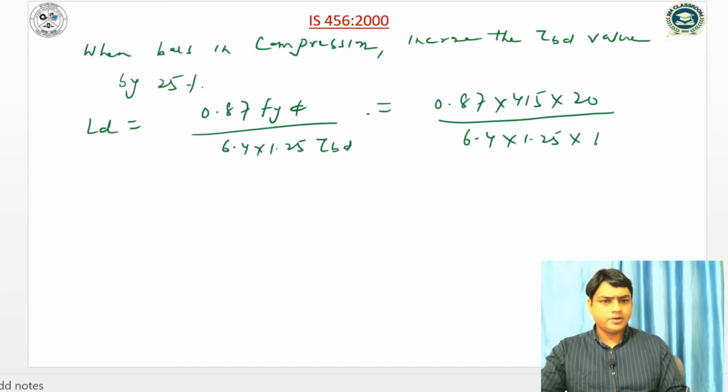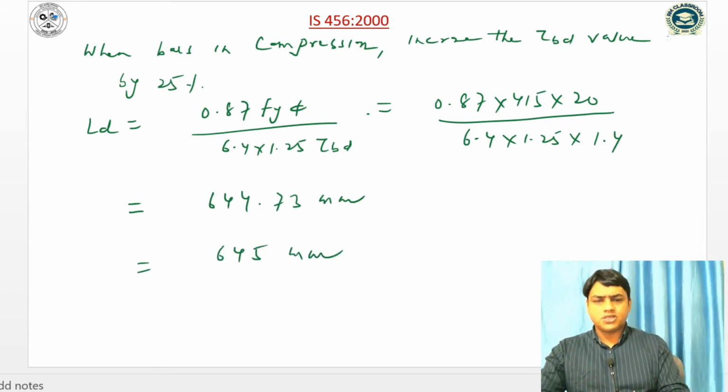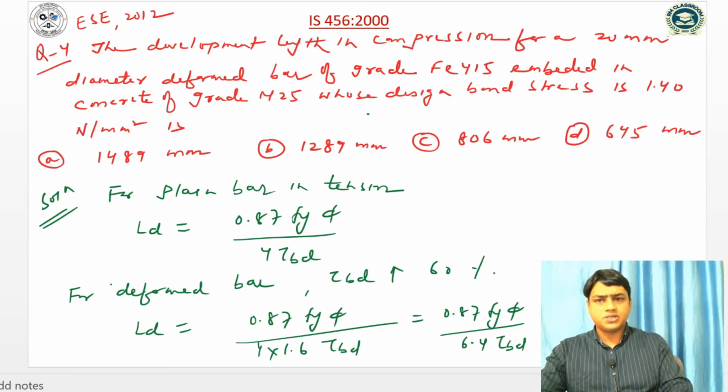So the development length will be 644.73 mm, approximately 645 mm. So if I see the options, the D option is correct.